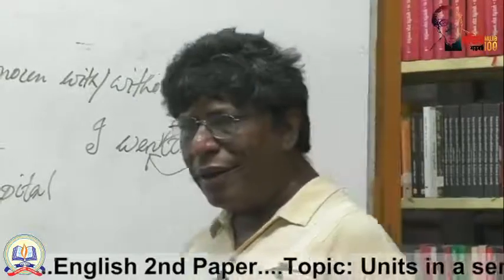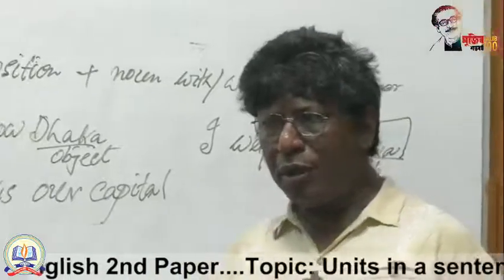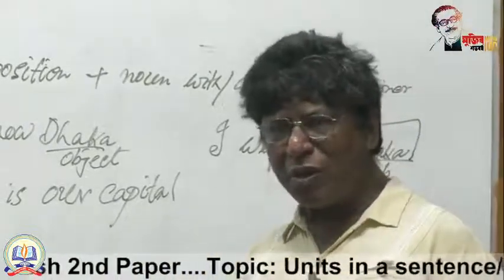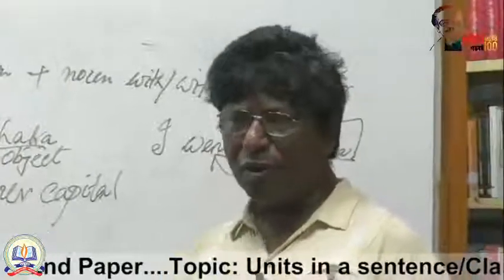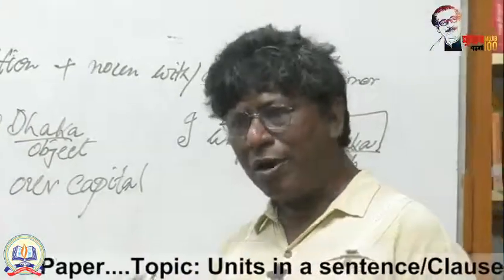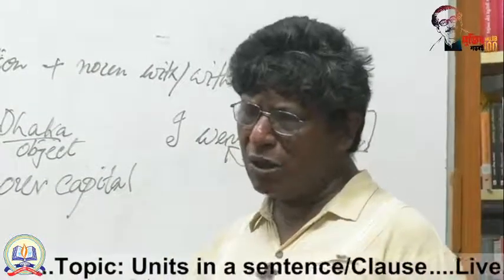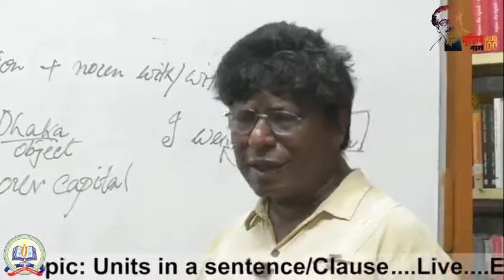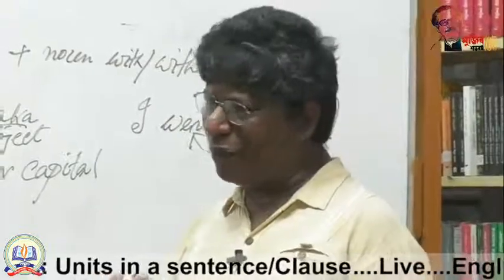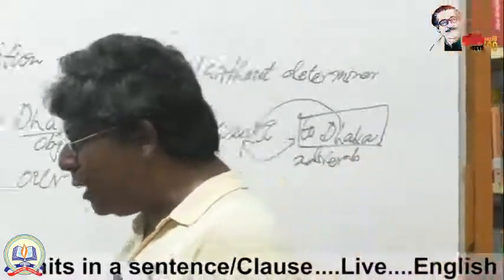And I told you the information about the place or time or reason or manner or distance of the action of the verb is expressed in an adverb or in an adverbial phrase.